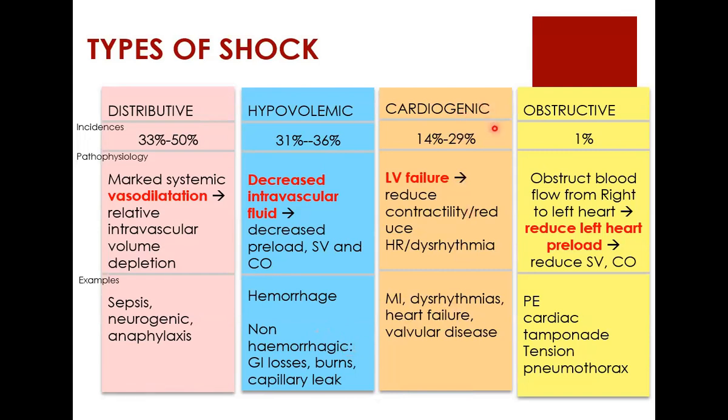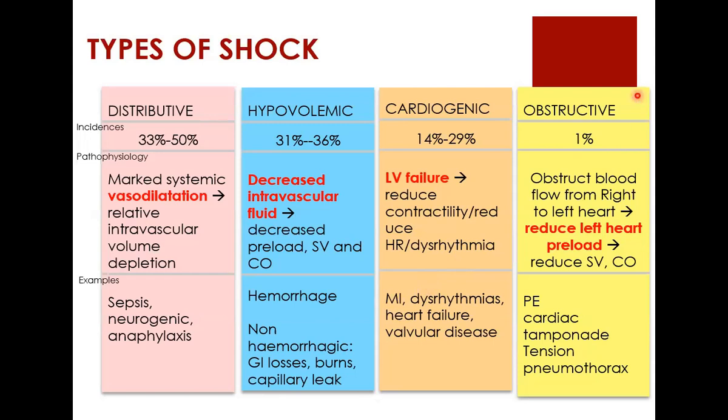Third type of shock is cardiogenic shock, which happens when the left ventricle fails, causing reduced heart contractility and also reduced stroke volume and cardiac output. This can be seen in myocardial infarction, dysrhythmia, either tachycardia or bradycardia, heart failure, or structural causes, for example valvular pathology.